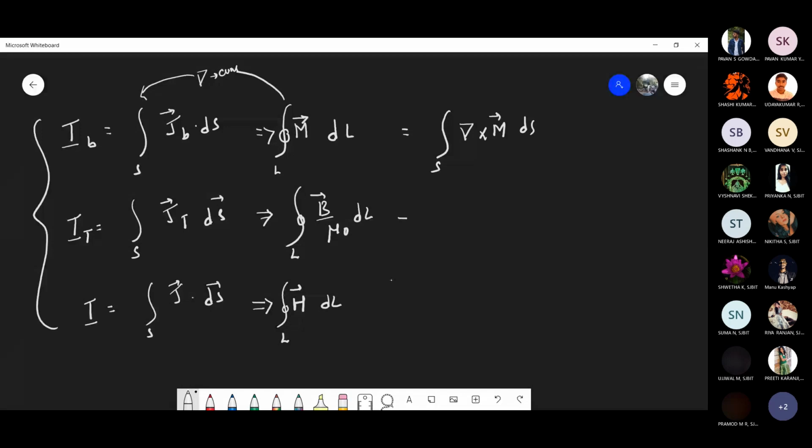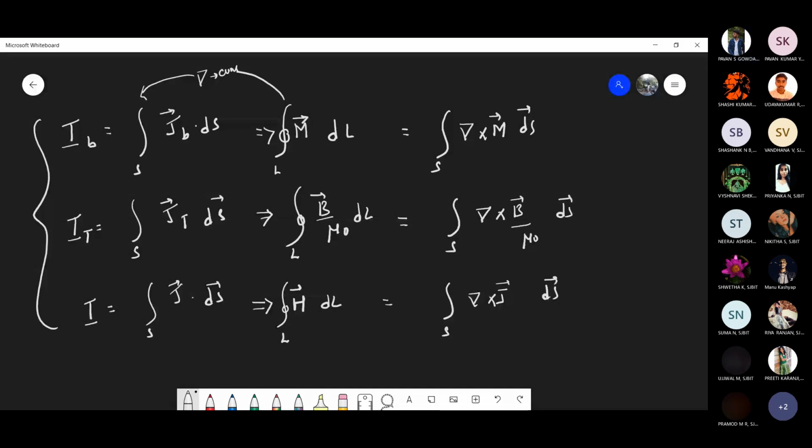This is equal to the surface integral of curl of B by mu naught dS. This is equal to the surface integral of curl of H dS. Yes or no? Yes, sir.